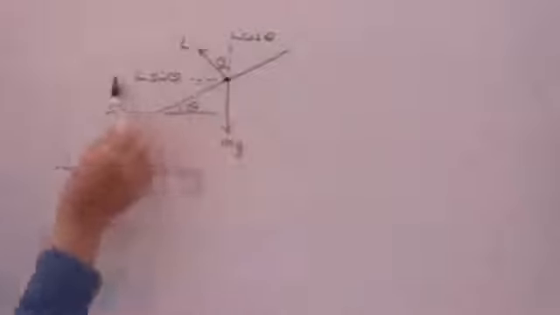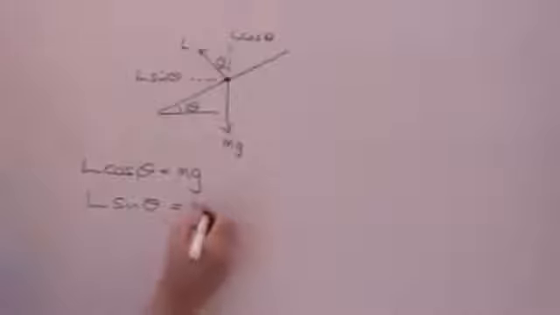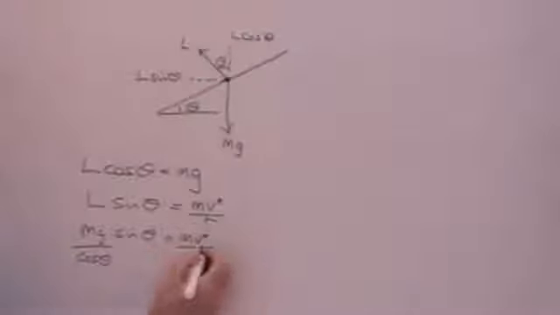And then the only horizontal force, L sine theta, which is this one, that's what's providing the centripetal force, and that is mv squared over r. And you can see that L is going to be mg divided by cos theta. So if I put that in here, mg over cosine theta, because that's what I get from here, for L. Putting that in for L there, multiplying by sine theta equals mv squared over r.